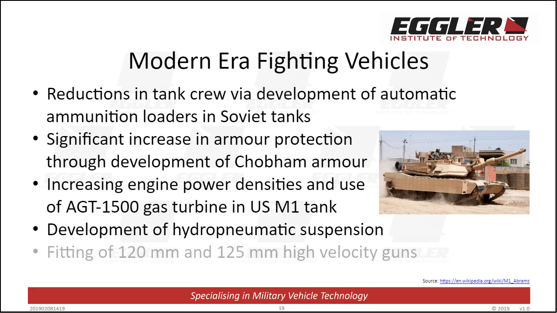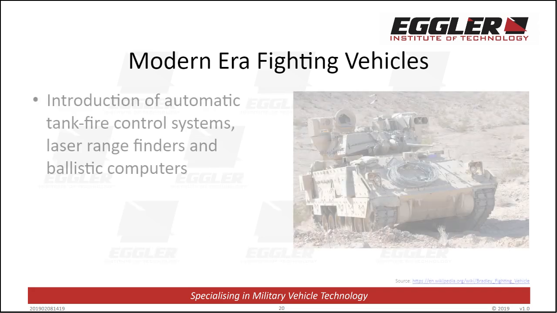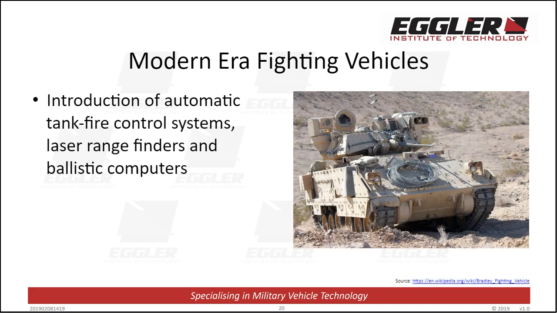And finally, we saw the fitting of large high-velocity guns, with calibers of 120 and 125 mm. The 120 mm tank guns are fitted on Western tanks, and the 125 mm guns are fitted on Russian tanks. We also saw the introduction of automatic tank fire control systems, laser rangefinders, and ballistic computers.